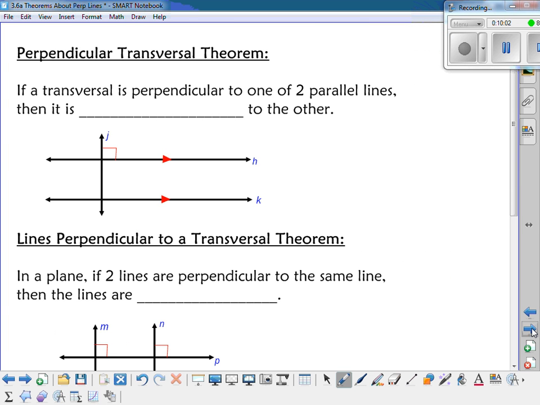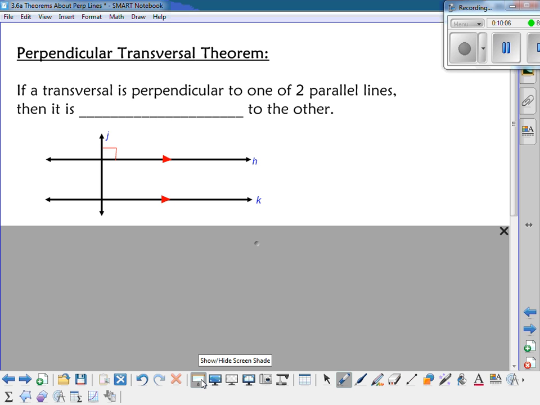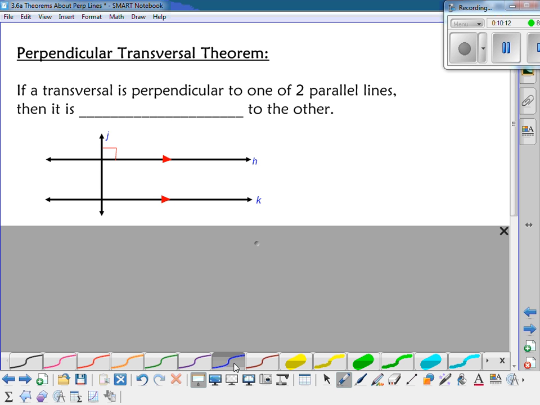Okay, we've got a couple more theorems to discuss. First one we'll talk about is the perpendicular transversal theorem. If a transversal is perpendicular to one of two parallel lines, then it is perpendicular to the other.